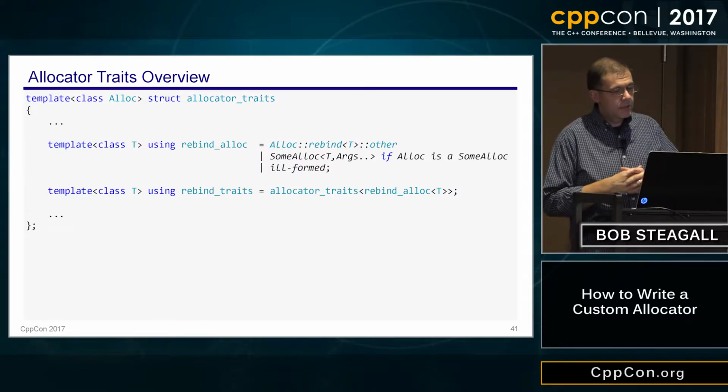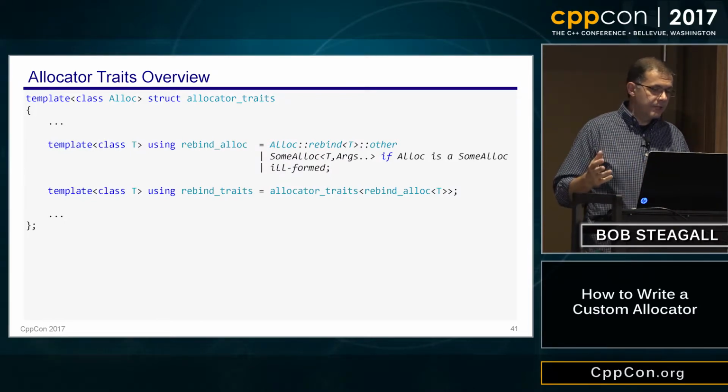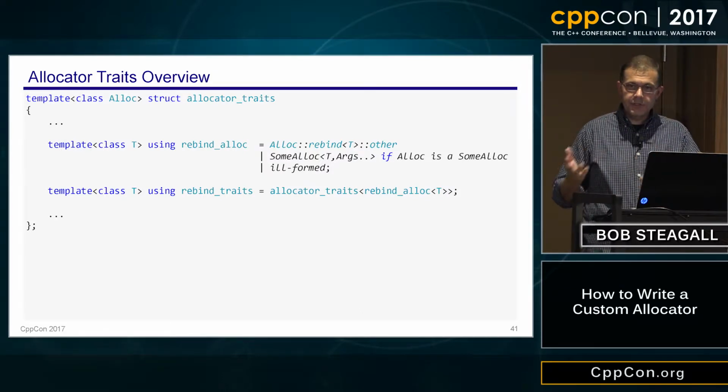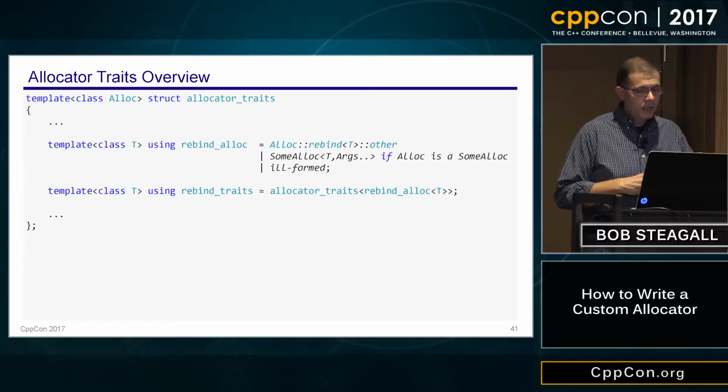The allocator traits also defines another rebinder, a thing to rebind allocators. And it looks to see if there is a rebinder that's specified by the allocator.